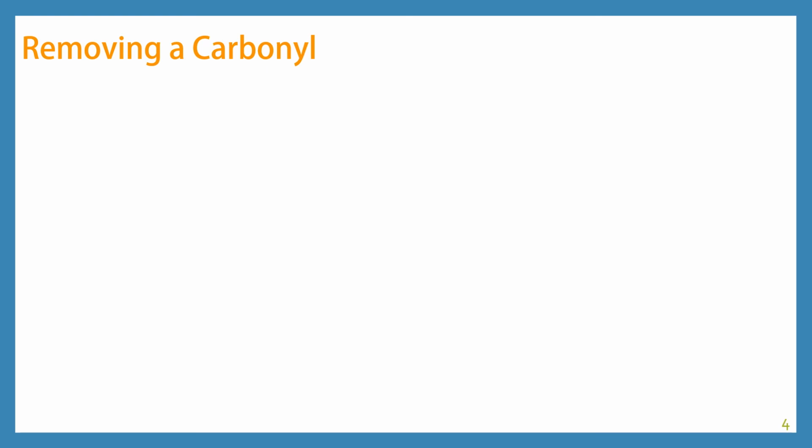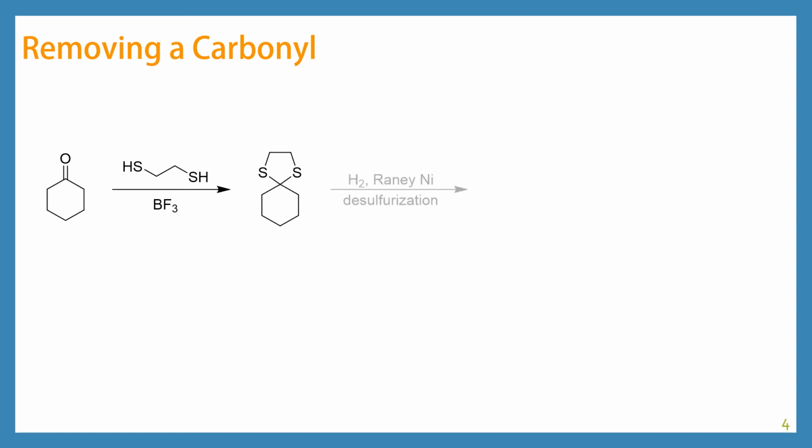So this brings us to some kind of neat chemistry. You can remove a carbonyl using this chemistry. So you take your ketone or aldehyde and you react it with a dithiol in the presence of boron trifluoride, and you end up with your cyclic thioacetal. You can follow that up with hydrogen and what's called Raney nickel.